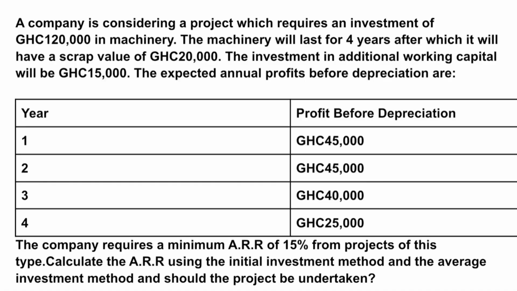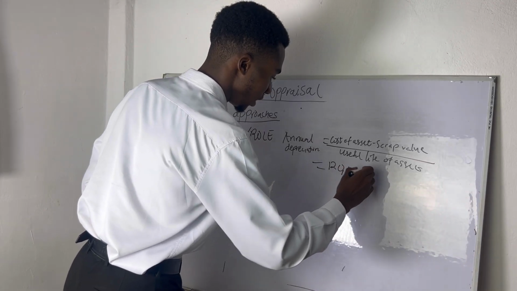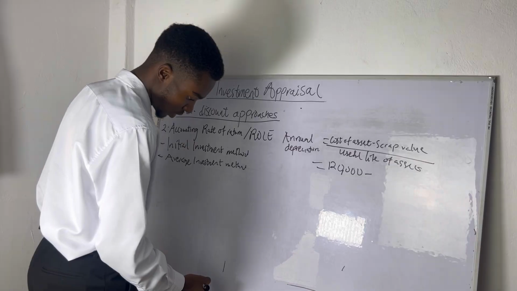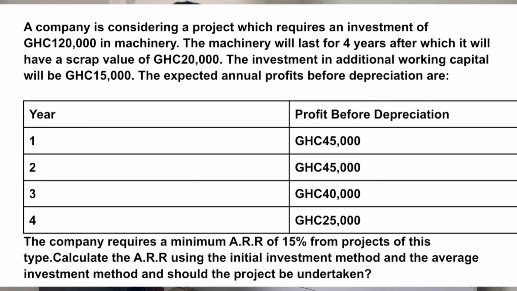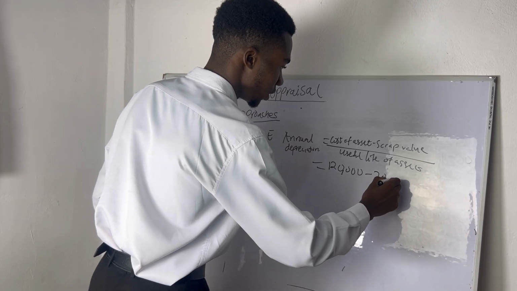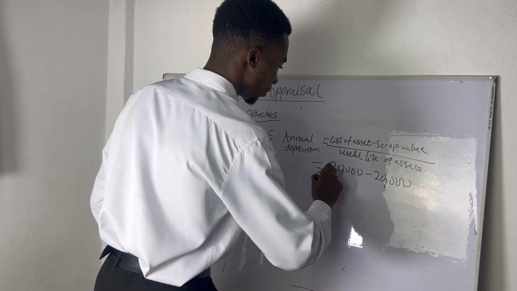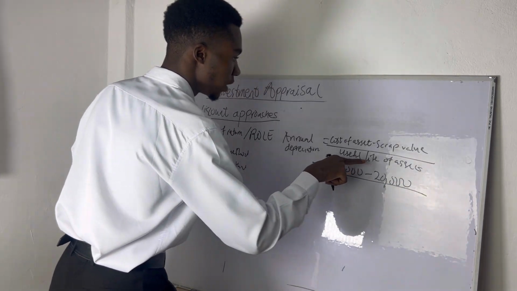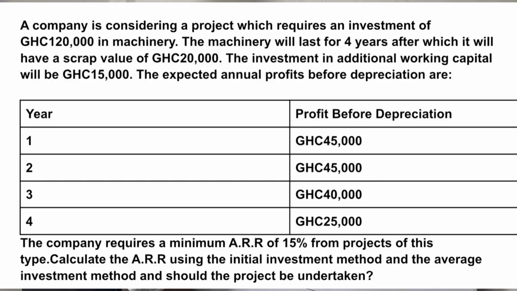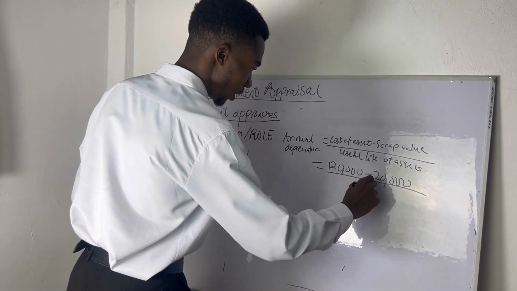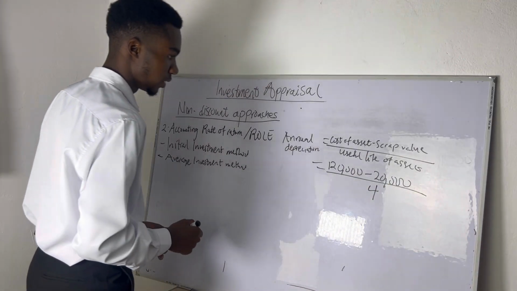The company is considering a project which requires an investment of 120,000 Ghana cedis minus the scrap value. The question says it has a scrap value of 20,000 cedis, over the useful life of the asset, which is 4 years, because 1, 2, 3, 4. So the number of years you see there is the useful life of the assets.